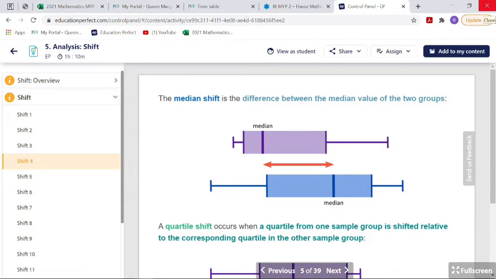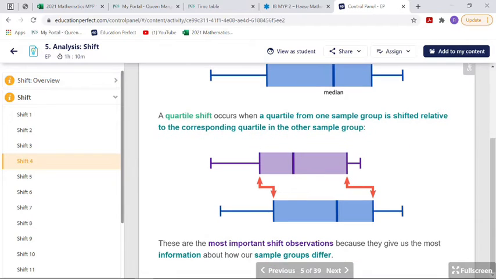All right. Now they don't always look like this, but you can see the shift. So here, if you look at this drawing, here's the lower quartile for the purple one, and the lower quartile for the blue one is shifted to the right, so it's bigger, right? Here's the upper quartile for the purple one. The upper quartile for the blue one is shifted to the right, much bigger, isn't it?